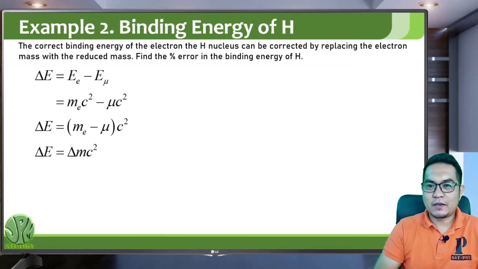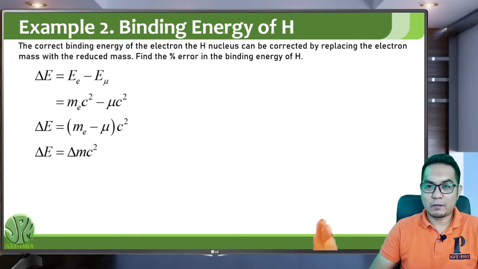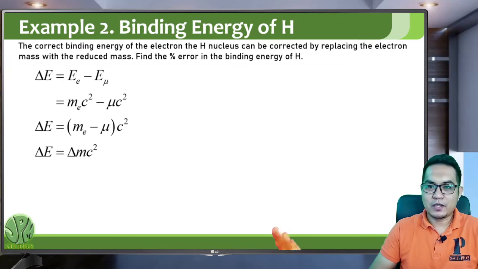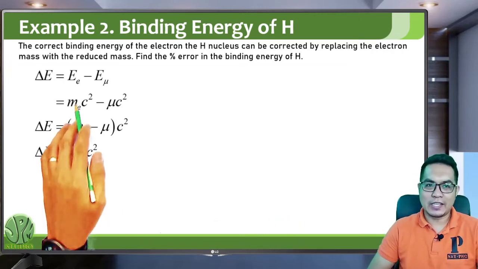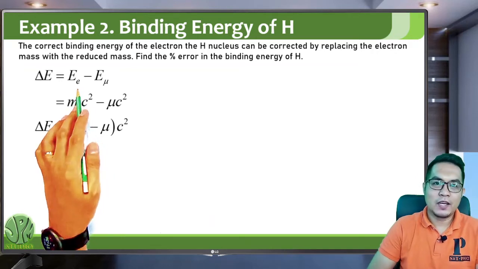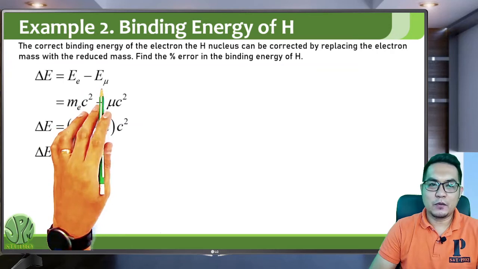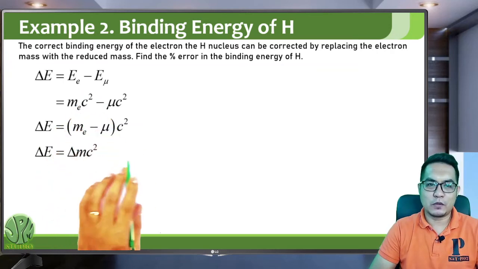So the percent error is just the difference between the correct binding energy and the original binding energy. So in that case, that is the difference between the electron rest mass energy and the reduced mass energy. So m_e c squared minus mu c squared.